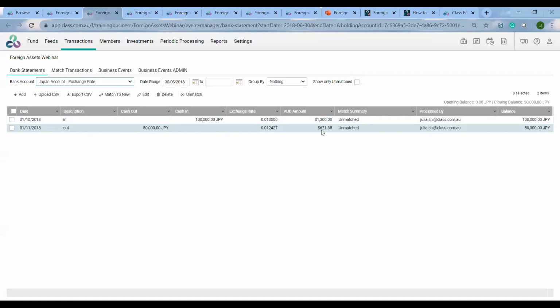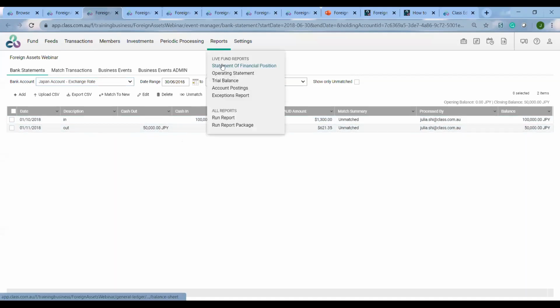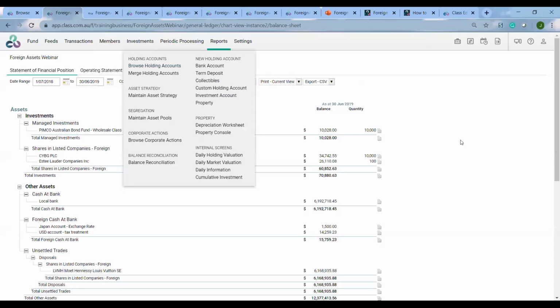The actual cash equivalent to this particular Japanese yen is $621.35. So there's a difference, because half of this is 650. So I will show you on the statement of financial position.